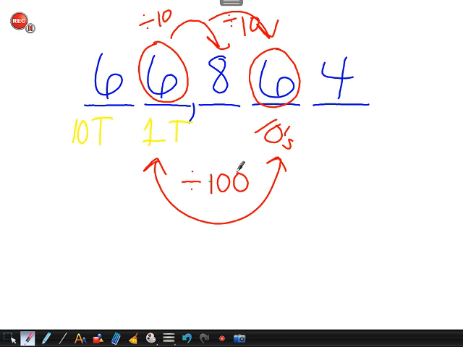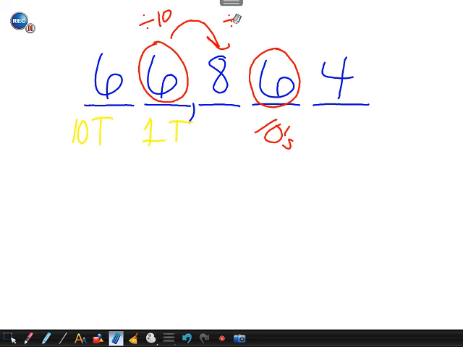If I go the opposite direction and ask about the bigger place values, let me erase that real fast. It's going to be the exact same thing, except instead of divided by 10 or 100, it's going to be times that whole number. So let's go with red again. If we go from here to here, once again, it's still 2 places.